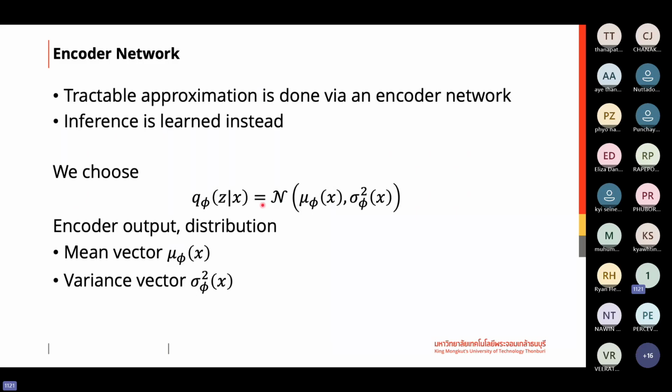Depending on x, mu and sigma squared will be different. So it encodes x into a mean vector and a standard deviation vector, depending on the input. This is basically the network we are talking about. It has two outputs: one producing the mean, another producing the standard deviation.